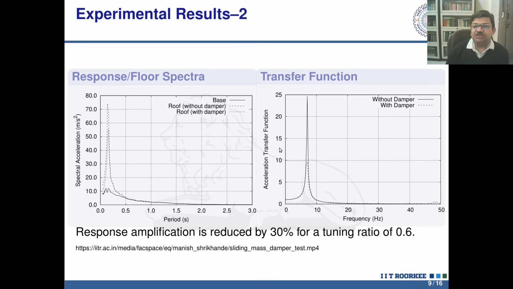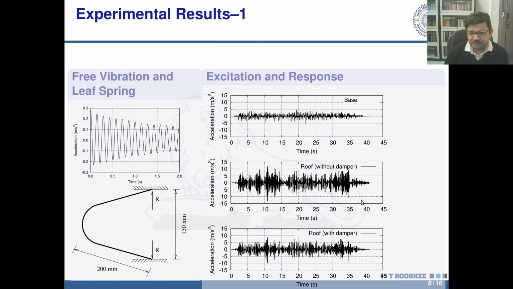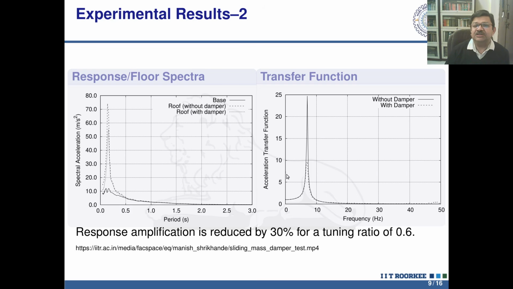And then we can also compute the transfer function between these two outputs and this input. So that transfer function is here. You can see that without damper, it's a very sharp peaked transfer function, and with damper, it is much more well contained. So response amplification, if I quantify, is reduced by 30% for a tuning ratio of 0.6.